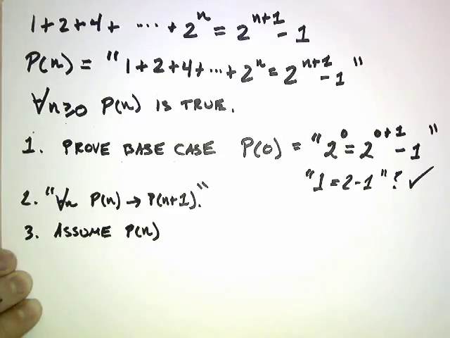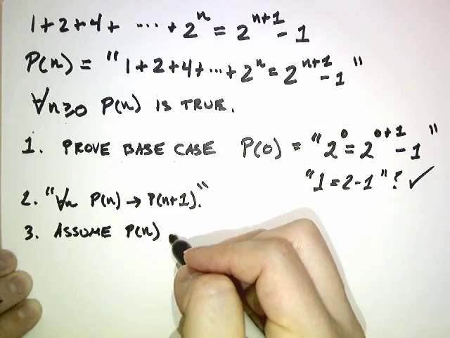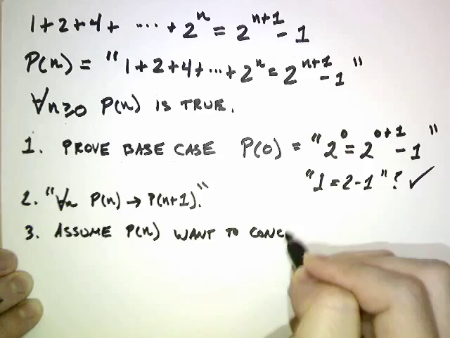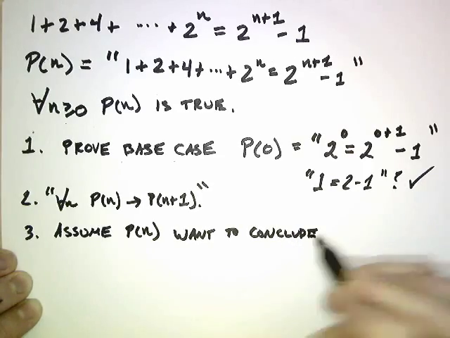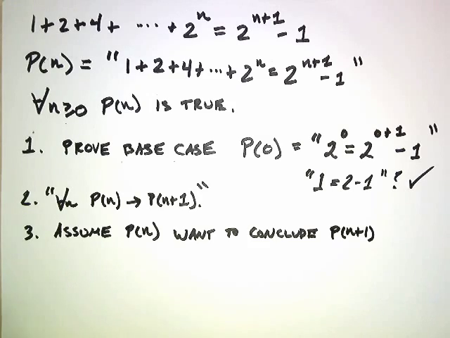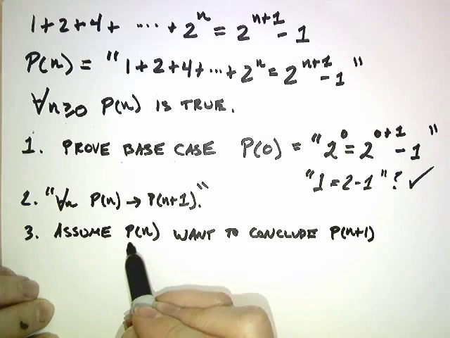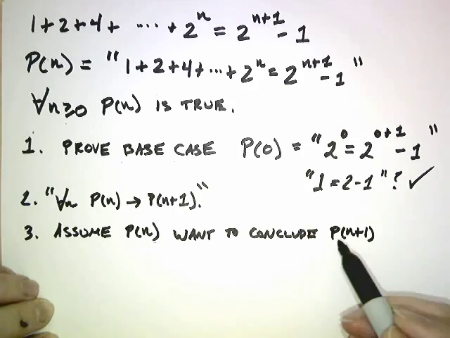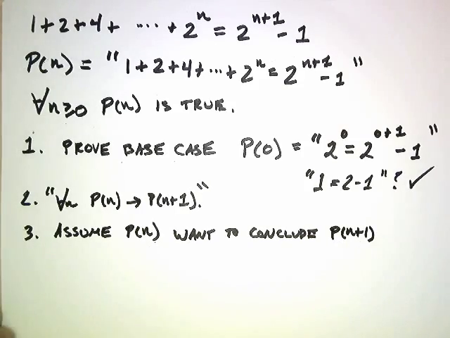So n is some value, you can think of n as some arbitrary large number. And then we want to conclude P(n+1) is true. You could think of P(n) as a fact that I've given you that it's true, and I want you to now prove P(n+1) is true.